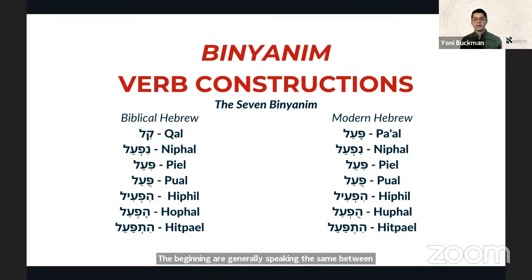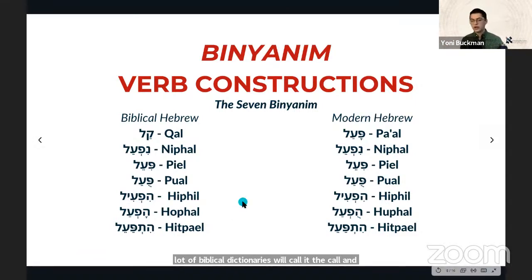Typically in biblical Hebrew, they'll call it kal. So if you look at the most simple basic construction in a lot of biblical dictionaries, they'll call it the kal, and kal just means simple, basic. But it can also be called the pa'al, which is what they call it in modern Hebrew.